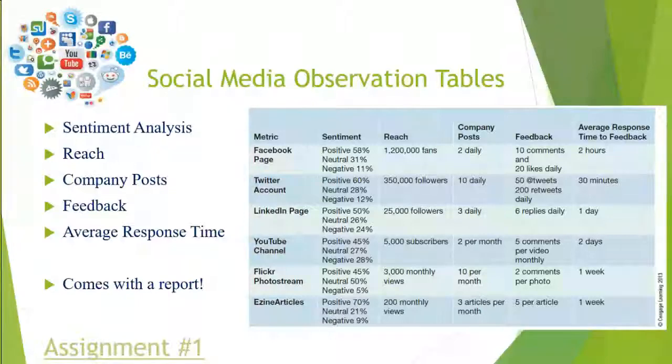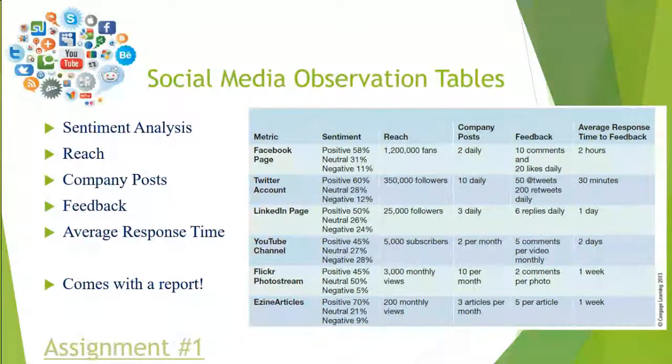Now, the assignment requires that you pick 4 different social platforms to monitor. Don't worry if you have to fill in NA, not applicable or not available, for some of these different observation table measures. If the university isn't responding to feedback, you might have NA in your feedback column, and you might have that for all of them, and that's okay.